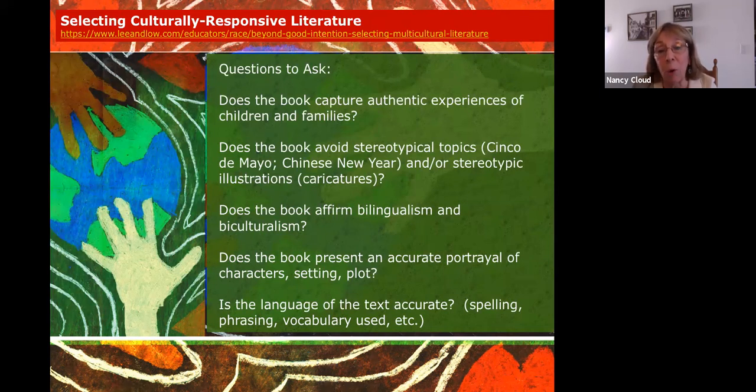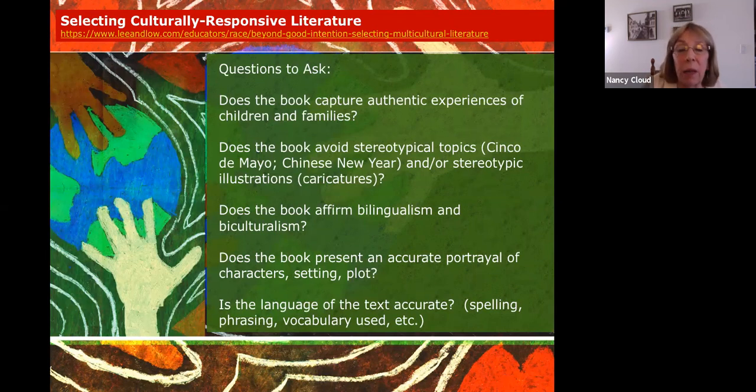Chinese New Year is important, but it's not the only thing that goes on in Chinese speaking communities. So we need to find things that don't only include these stereotypical topics. And Cinco de Mayo, gee, that might not be anything that would connect at all with a lot of our kids. That's a Mexican thing, you know, more of Central America, maybe, and Mexico.